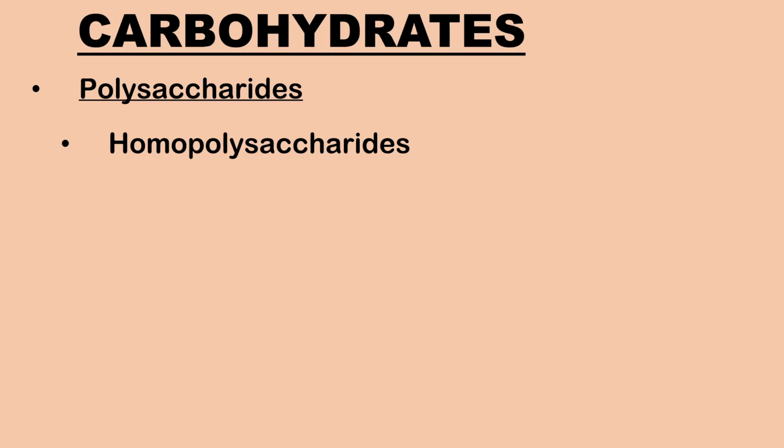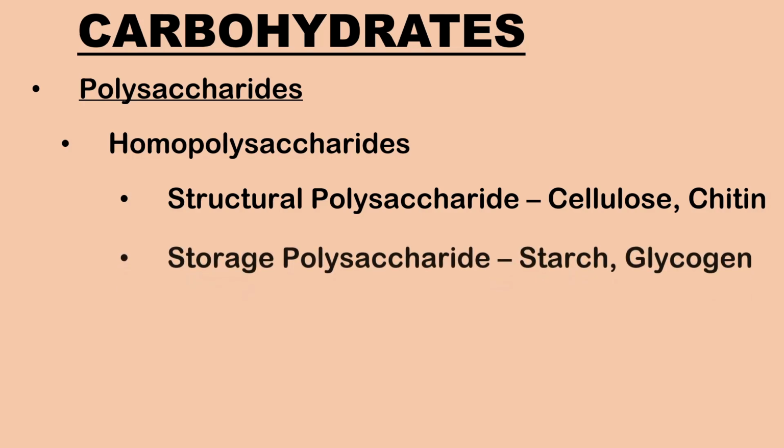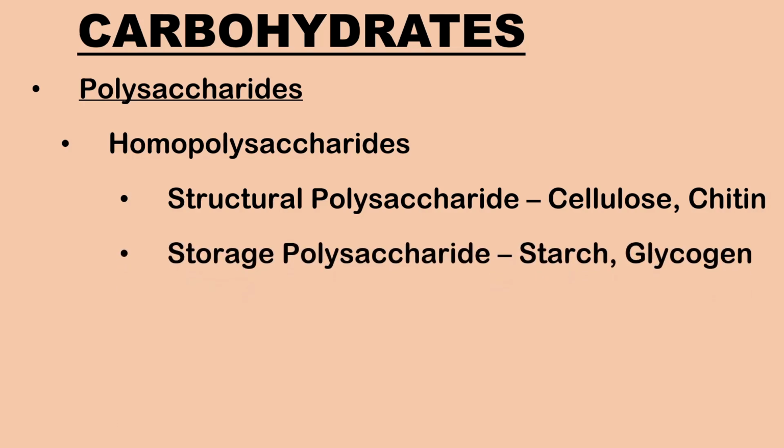When polysaccharides are composed of only a single type of sugar units, then they are known as homopolysaccharides. They can be further divided into structural polysaccharides, example cellulose in plants and chitin present in fungal cell wall, and storage polysaccharides, example starch in plants and glycogen in animals.